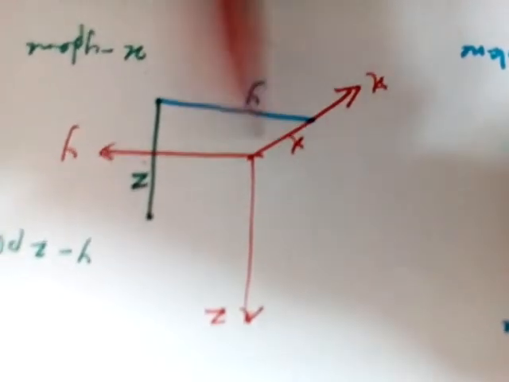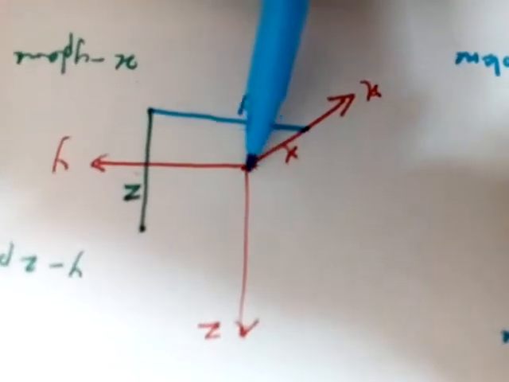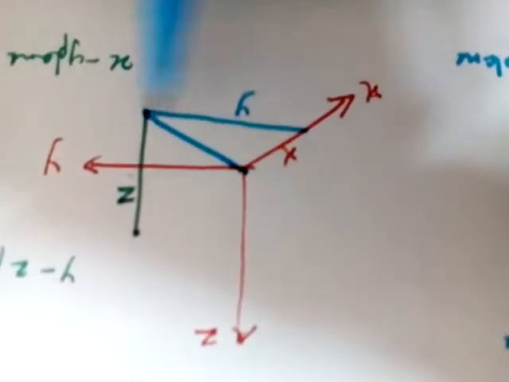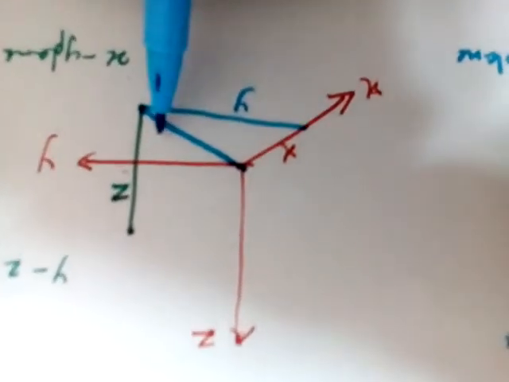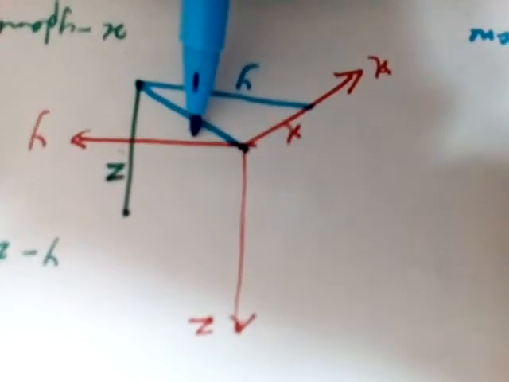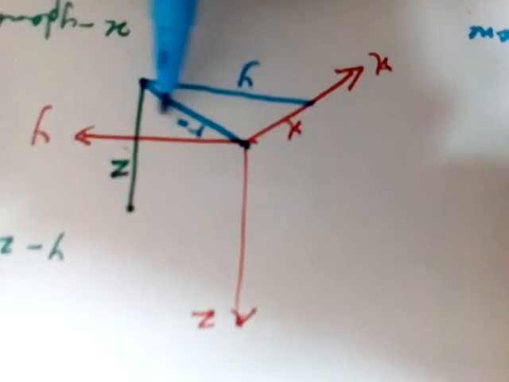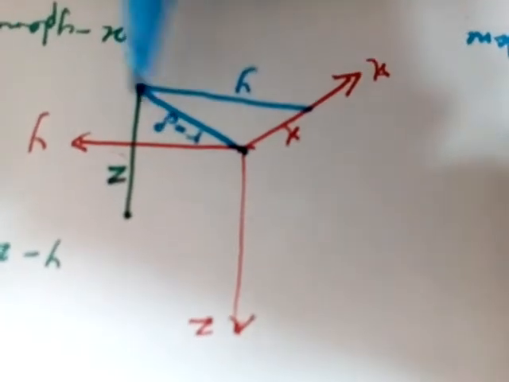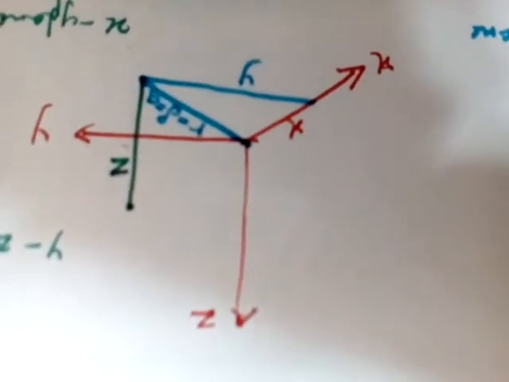Now again, I'm going to draw the line from the origin, but here I'm going to give the line a name, and that name would be nothing but r. This line is going to be the radius of the cylinder. Instead of r, you can also call it rho, or you can call it a, anything you like.